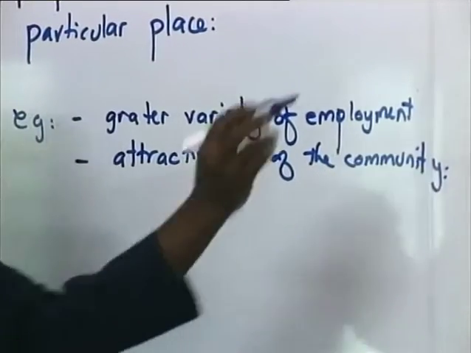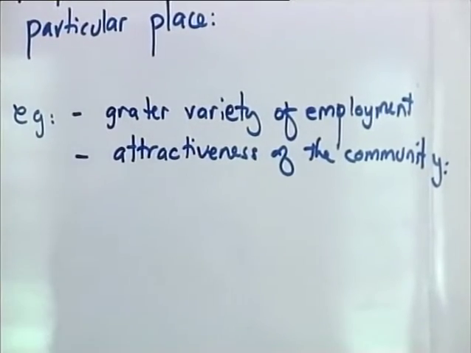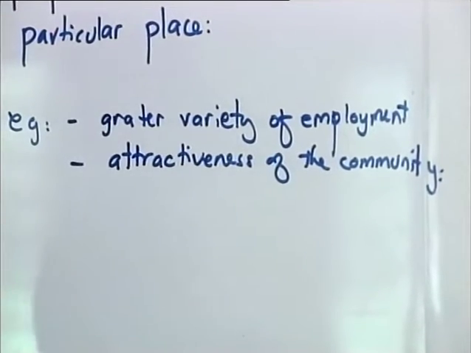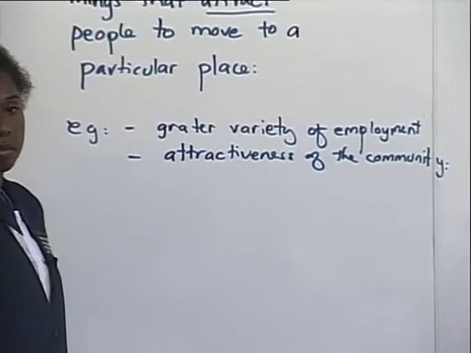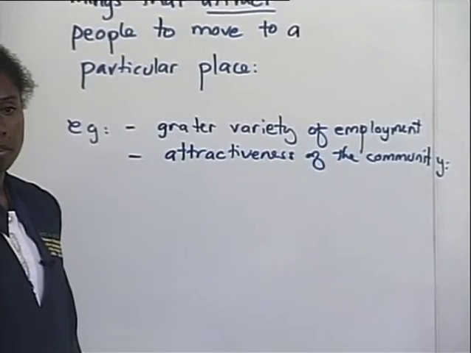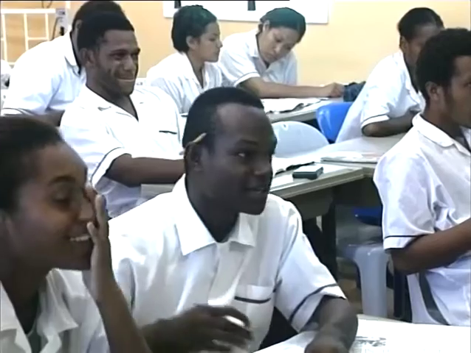Would you like to explain a little bit more on what you mean by attractiveness of the community? Okay, we're looking at the people, is that right? Are we looking at the people or are we looking at the environment?